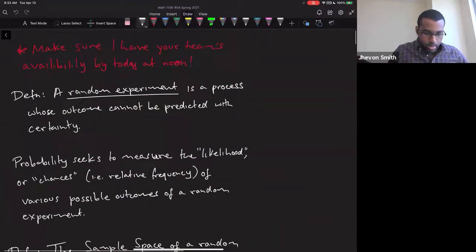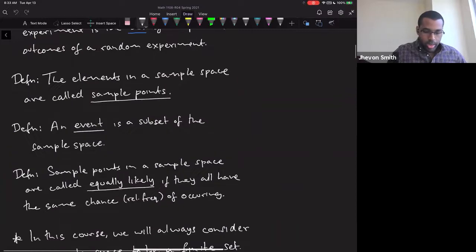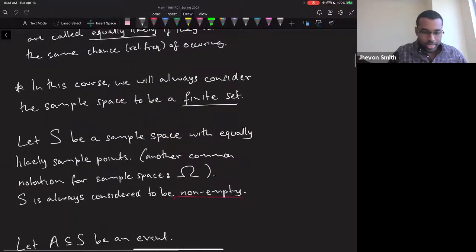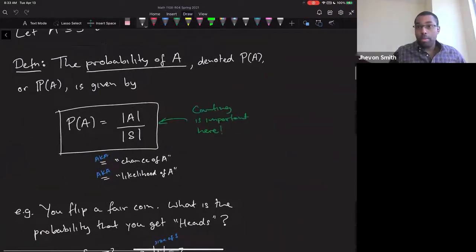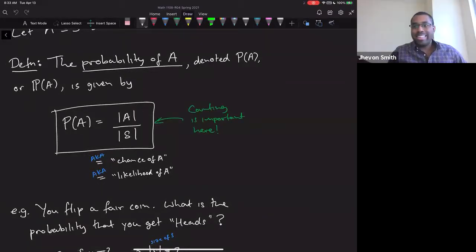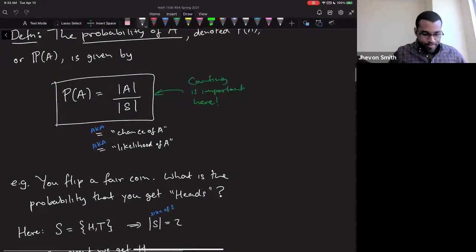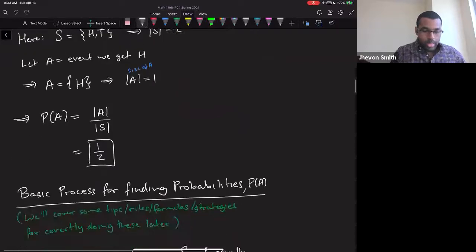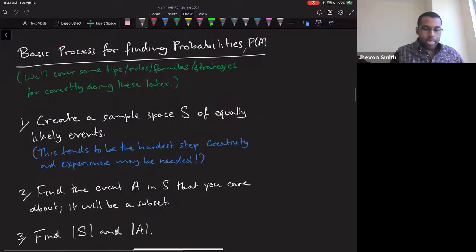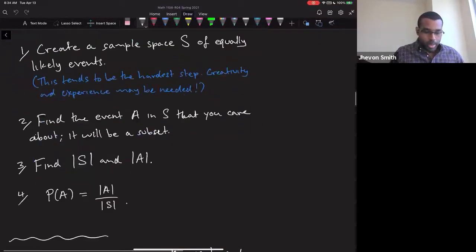All right, so last time we defined random experiments, sample space, events, equally likely events. We defined probability, how we're going to find it, the main idea, that of the relative frequency idea of probability. Did an example here, and I told you about the basic process for finding probabilities.